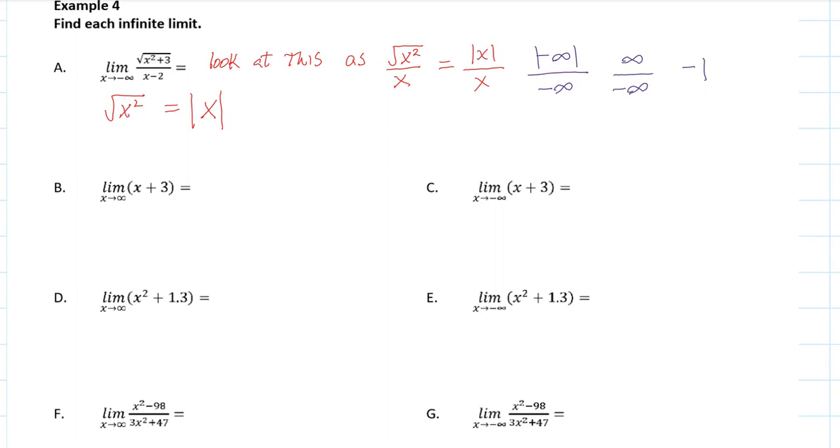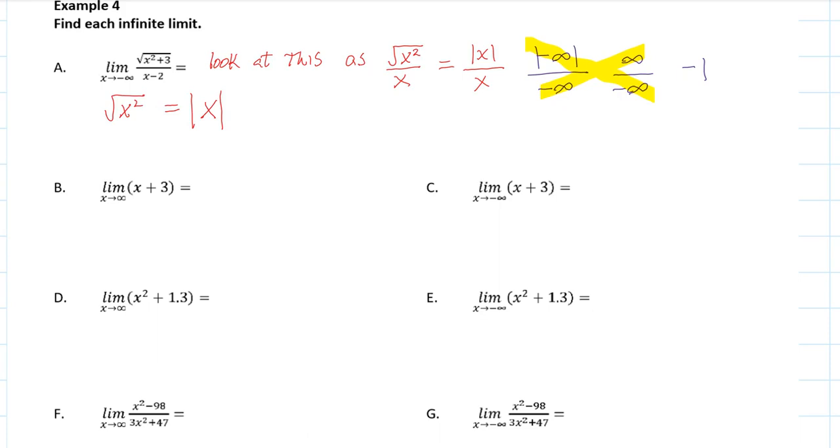So the answer is -1 because the top stays positive and the bottom stays negative. Now, you probably don't want to write this on your exam or AP test because infinity over infinity, I guess it wouldn't be bad to put it there, but I would not put equal signs in there, for sure. So that's going to equal -1. So we have a horizontal asymptote at -1.